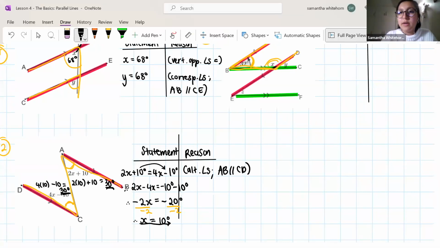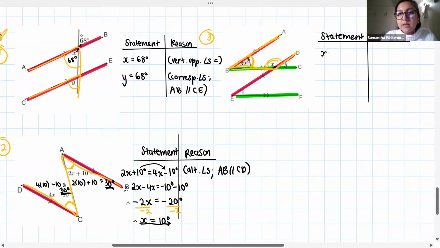They're co-interior. So X plus 32 degrees gives me 180, my reason, co-interior angles, and state my parallel lines. Now this is where stating the parallel lines is important because we've got two sets here. So I need to be very clear that I'm working with AB and DE.